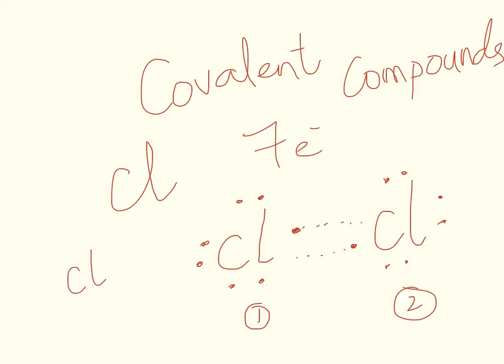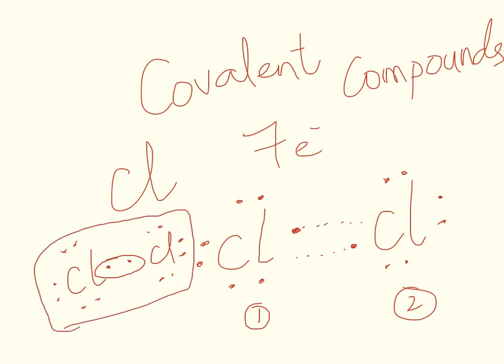We write it like this. Right? And if you look at it, now these 2 electrons belong to both the chlorines as long as they are at that certain approximate distance. Okay, let's just put it simply like that.